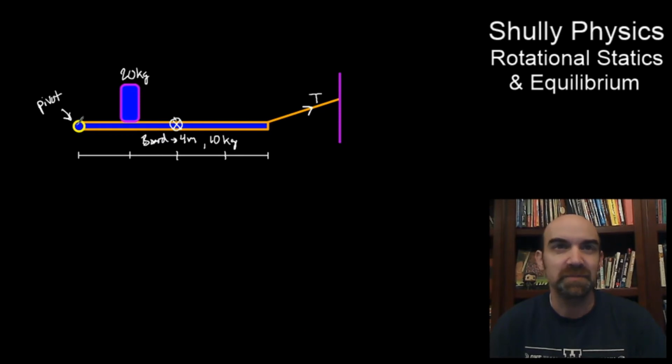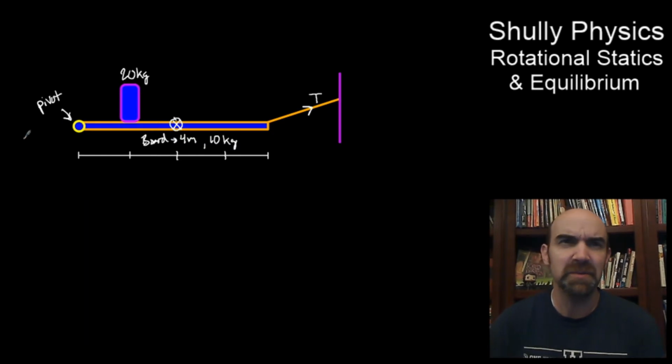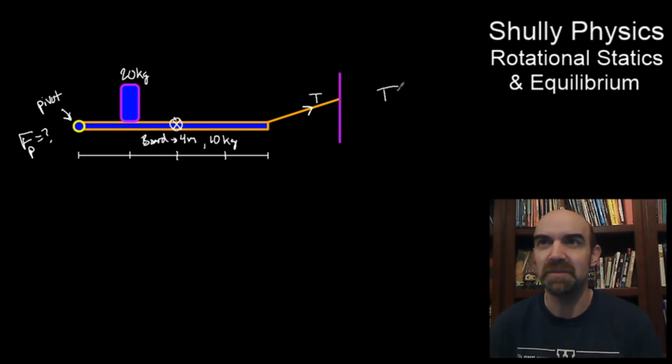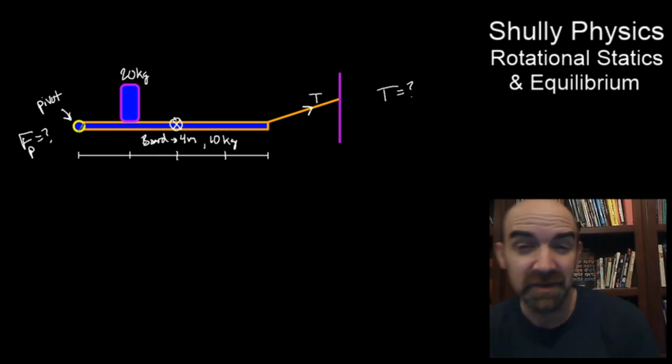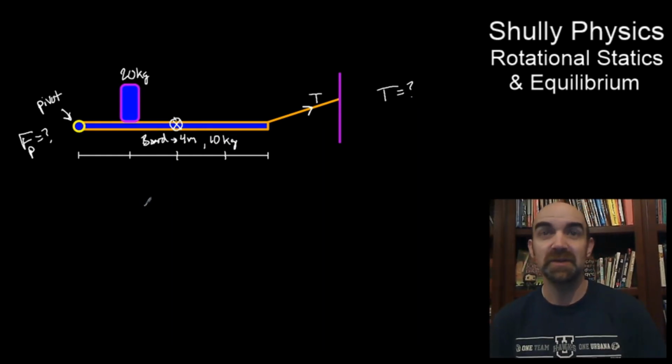But this pivot's also keeping everything from translating. So there might be a force here. There is going to be a force here acting on this pivot. So I'm also going to look for the force on the pivot. Let's consider what these 2 pieces are going to be. And this one's a little funky to think about, and that's why I want to talk about it in this video. So if you see a situation like this, you'll be able to solve it.